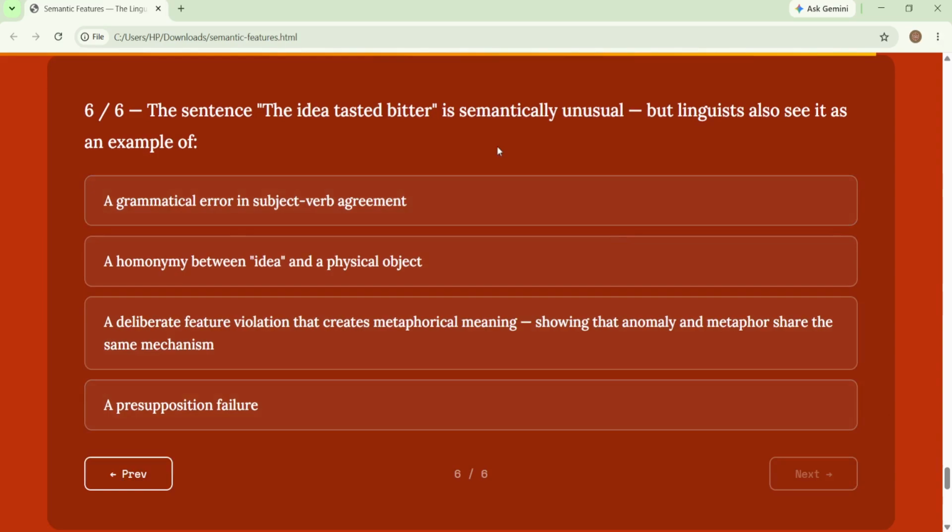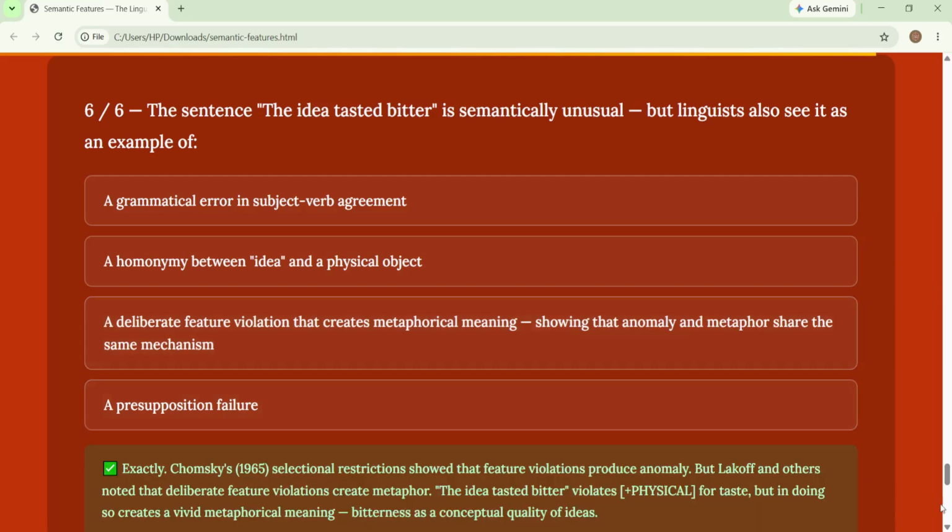The sentence "the idea tasted bitter" is semantically unusual, but linguists also see it as what? An example of a grammar error? Well, grammar is out of the box. A presupposition? We have not discussed presupposition yet, so out of the box. A synonym between idea and physical object? Well, it can't be considered that, it's not a synonym. Homonym? A deliberate feature violation that carries metaphorical meaning, showing that anomaly and metaphor share the same mechanism.